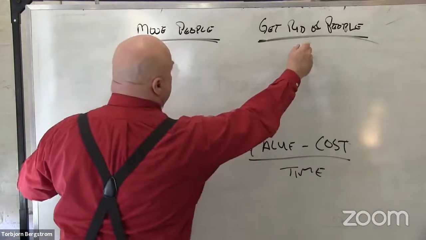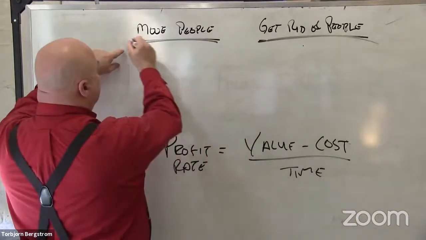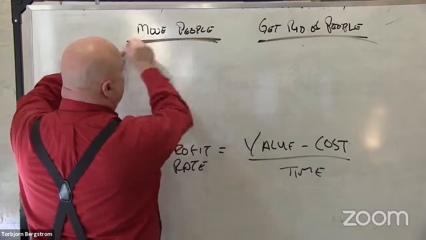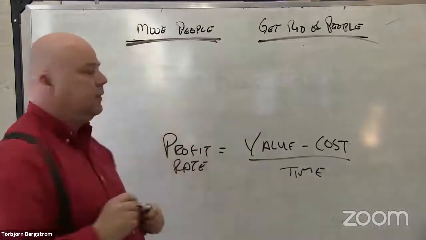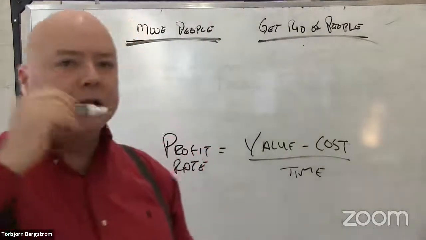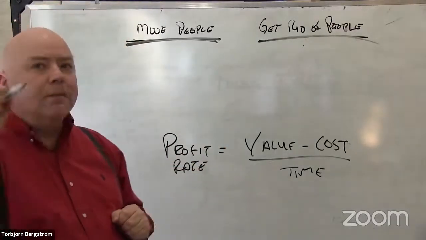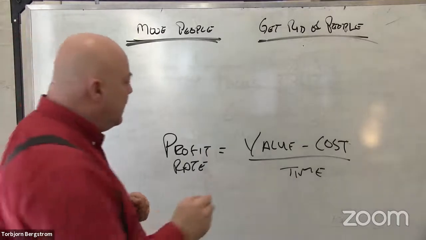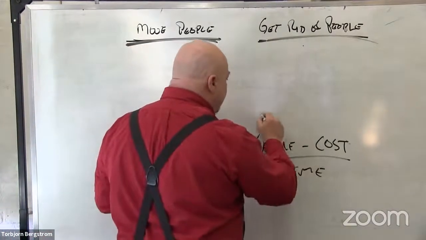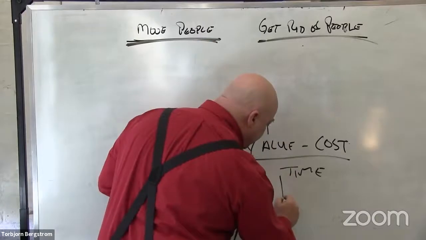Moving people doesn't necessarily make cost go down, right? Because we're still paying that person. I moved them to a different job. So if I'm moving them to a different job, I need it to either make value go up or time go down.